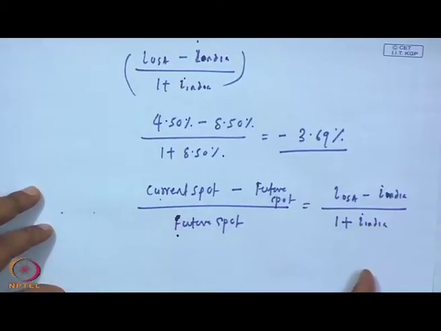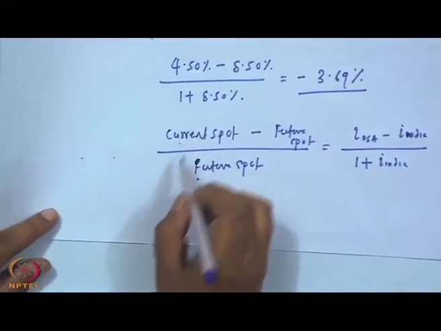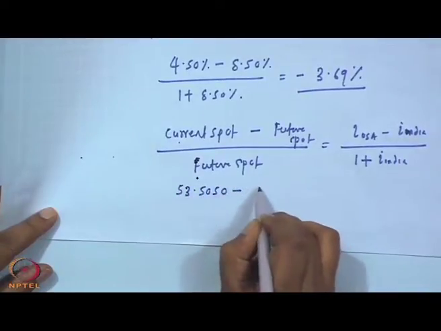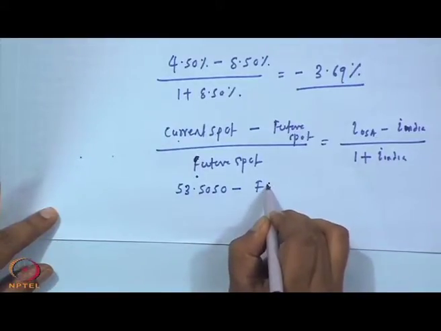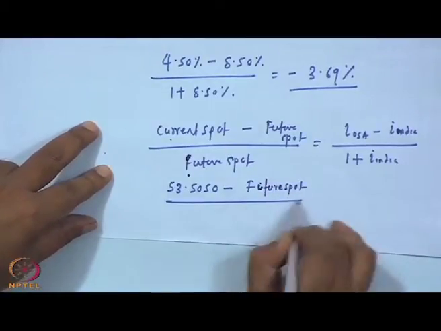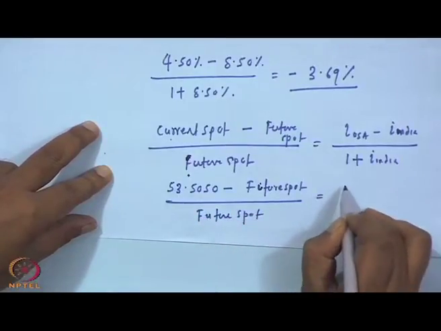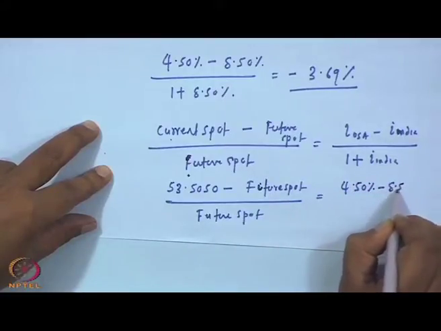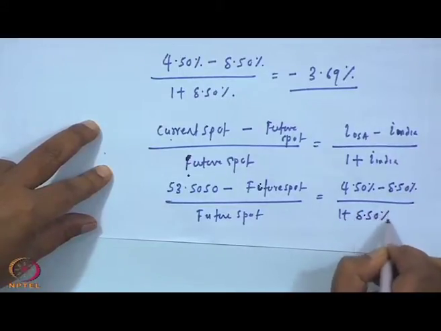If you equalize this, then you will get the future spot, because current spot is 53.5050 minus future spot, divided by future spot, is now equal to what? 4.5 percentage of US interest rate minus 8.5 percentage of Indian interest rate, divided by 1 plus 8.5 percentage of Indian interest rate.